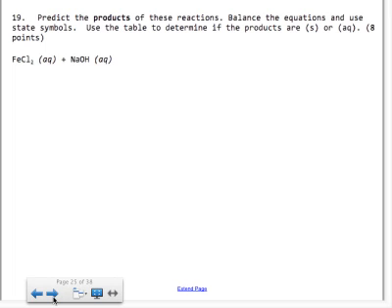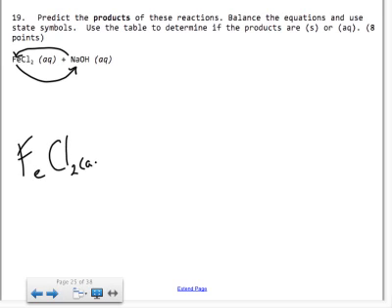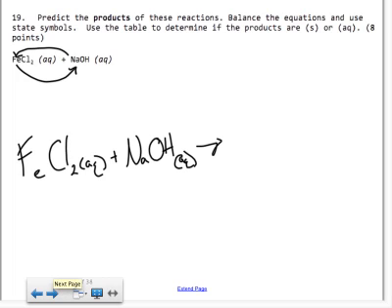Okay, products of the reaction: balance the equations and show the state. So here we have iron chloride and sodium hydroxide, and they are going to trade places in the solution. So iron chloride and sodium hydroxide are aqueous in solution. When you mix those together, the sodium and the iron are going to swap places.